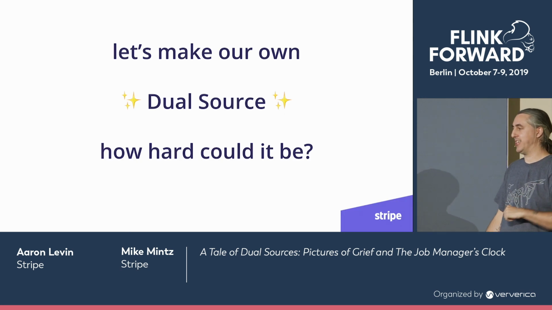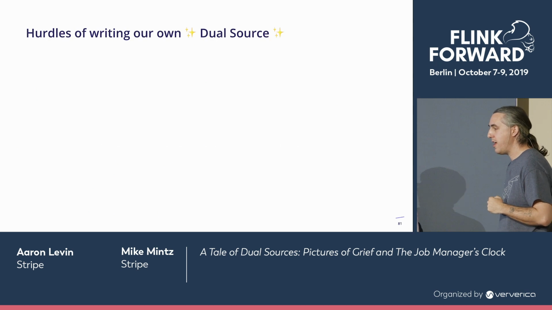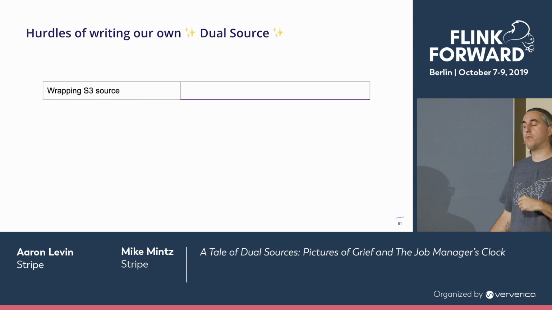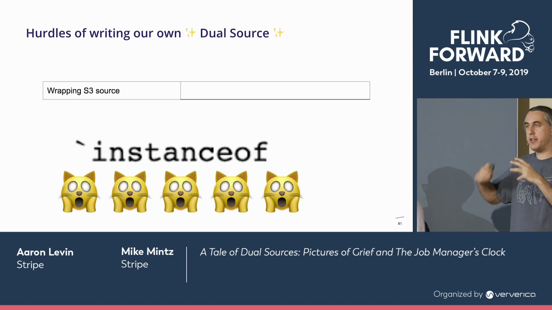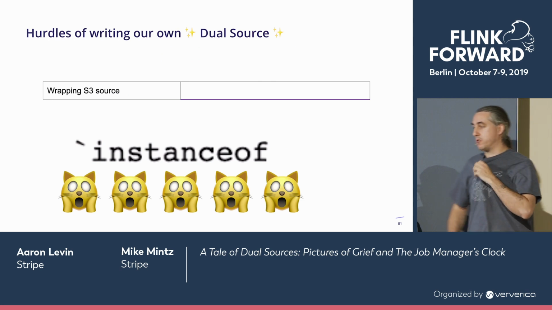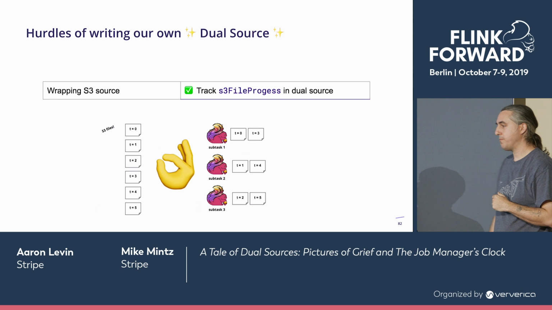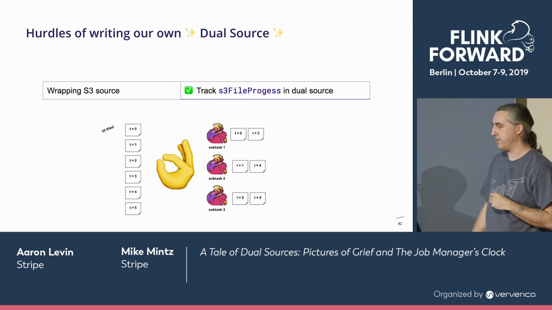Ignoring sage advice from our peers at Lyft, we embarked on building this ourselves, and we encountered 3 hurdles along the way. The first hurdle had to do with wrapping the S3 source itself. There was a bug initializing the input format source function because we were not an input format source function. And we solved this by simply deterministically ordering and distributing and managing all the files ourselves.